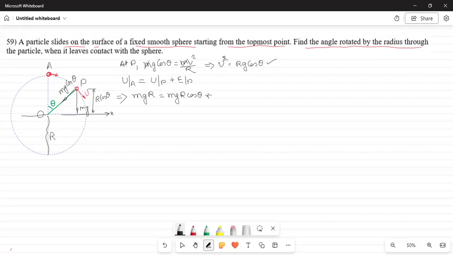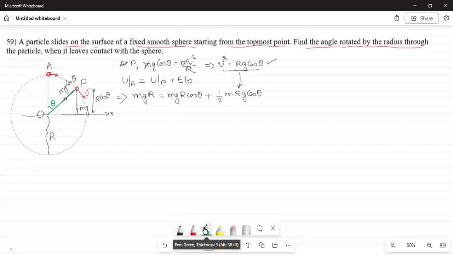Plus, what is the kinetic energy at P? It is half m v square. V square we already got here. We bring it from here, it is rg cos theta. That is all we have. Nothing more we have with us.